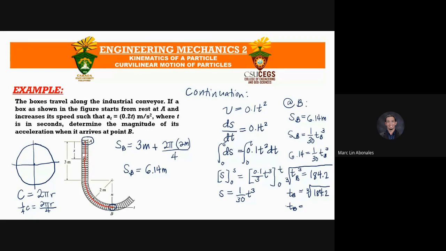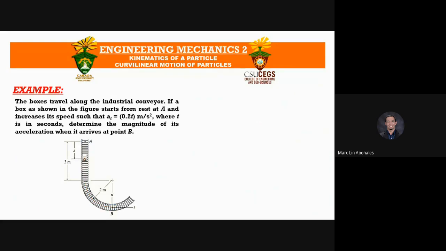So the time when the box reaches point B is 5.69 seconds. We can use that to determine its velocity at point B and its acceleration at point B also. So we will continue our solution.